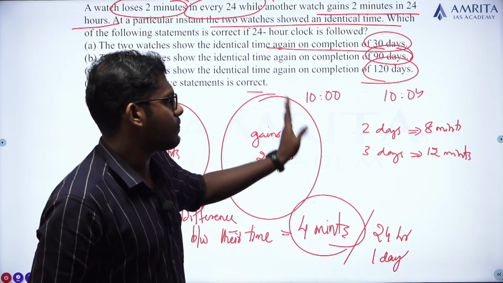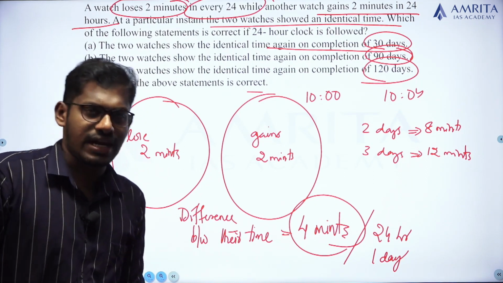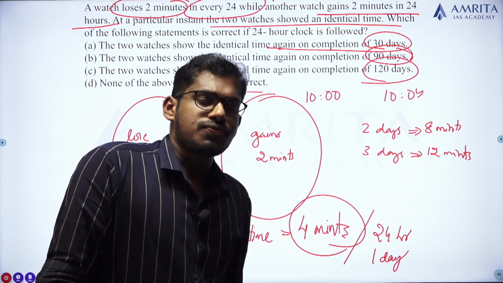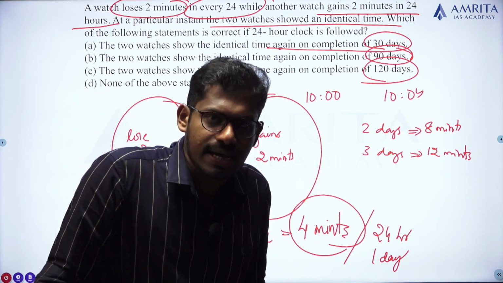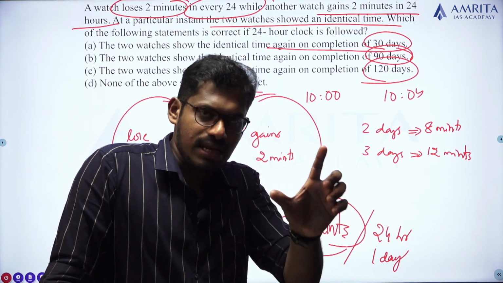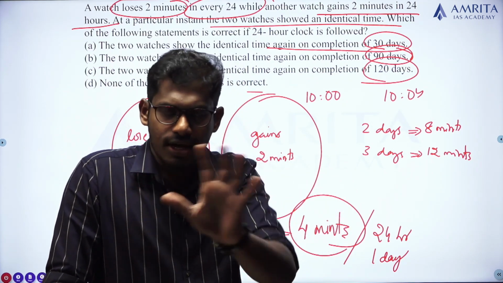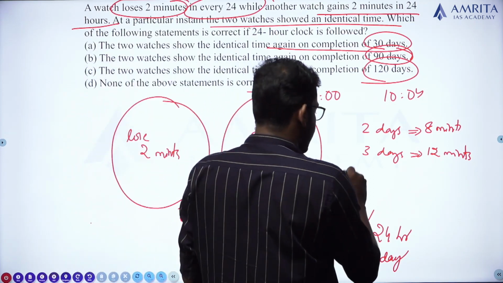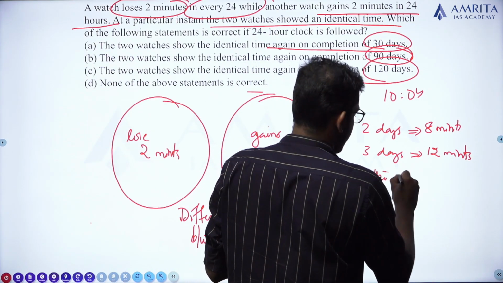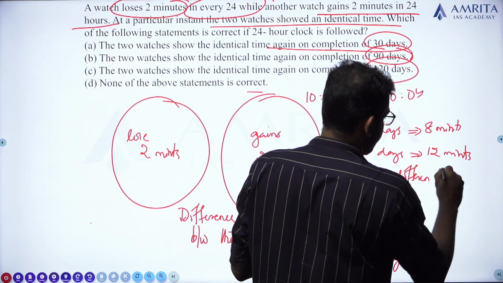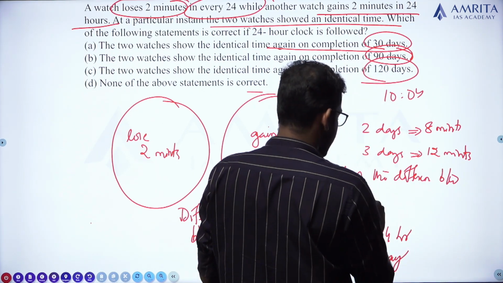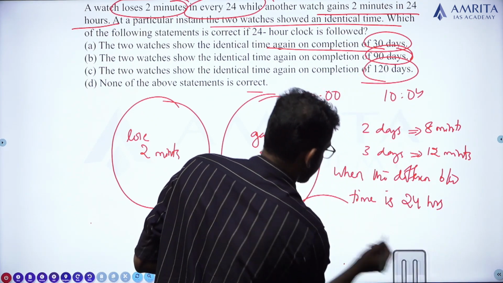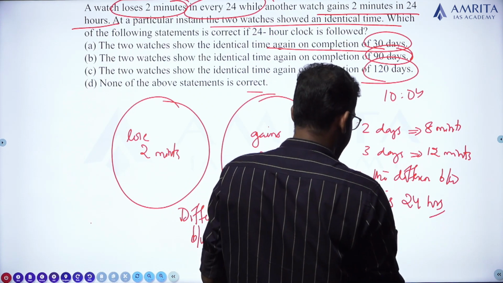They are differed by 4 minutes per day, 8 minutes per 2 days, 12 minutes per 3 days. After when the difference between time is 24 hours, they show identical time.